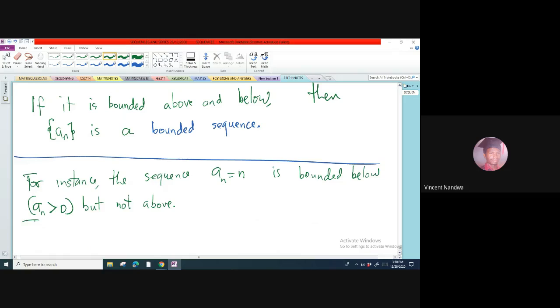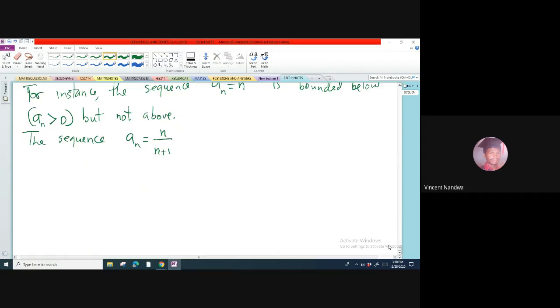And then next, the sequence an equals n over n plus 1 is bounded because 0 is less than an less than 1 for all n.